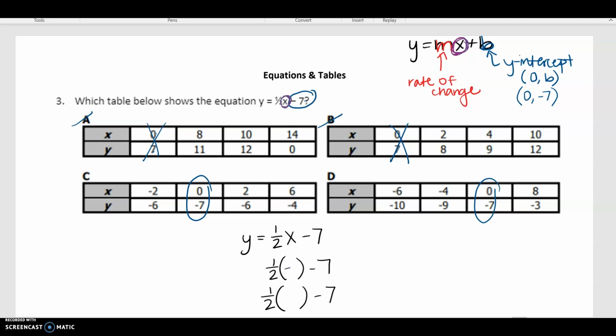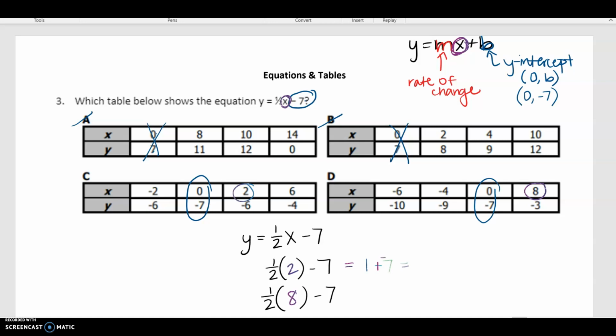So let's say I'm going to do, I don't know, -4. Well, let's see. This one has -4. This one has 2. Okay, let's just do positives. Let's start with positives because I know you guys don't really love negatives and I don't want to be confused. So let's do the 2 and let's try the 8 and see which one matches. And then we can go from there. So 1/2 of 2 is 1. 1 minus 7 equals, well, you can't subtract a bigger number, so add the opposite.